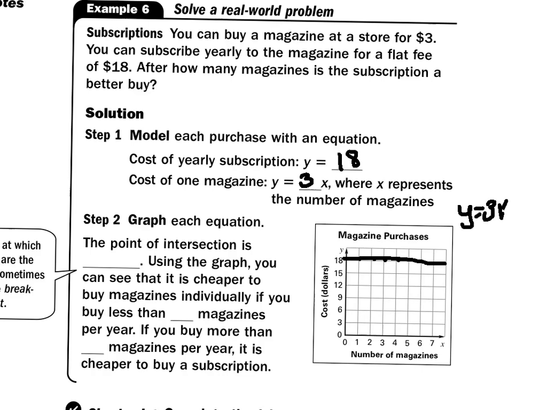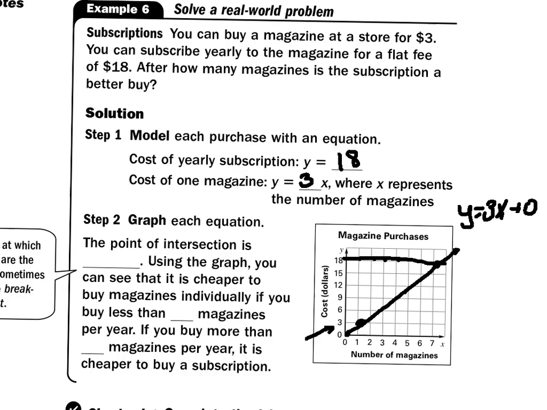Where's my intercept? 0, right? Because there's not a number there, so it has to be 0. So my first point is 0. Then let's count my slope. Up 3 and over 1. Notice that my scale is kind of weird here, so don't be fooled. Okay, here we go.